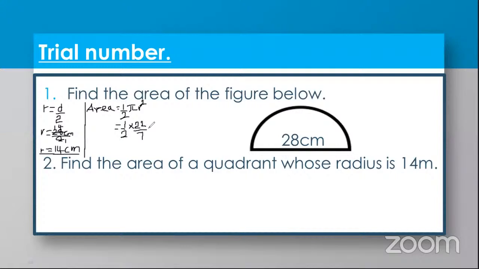A half times 22 over 7 times 14 centimeters, times 14 centimeters. Okay, go ahead.